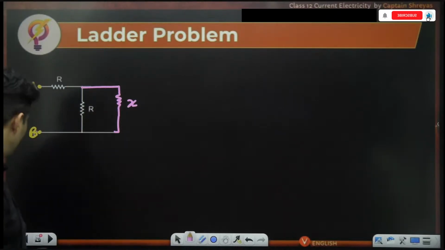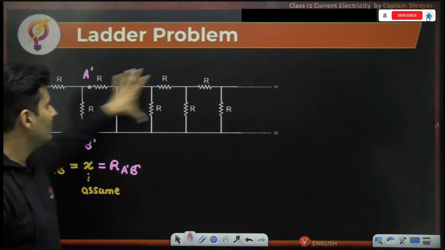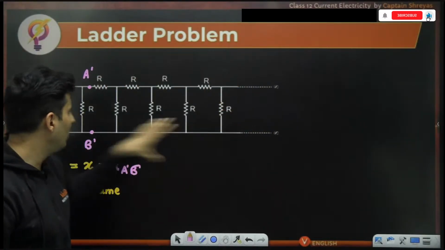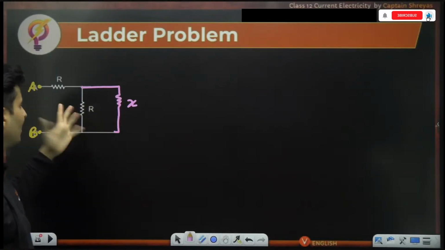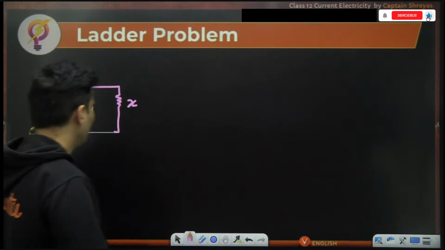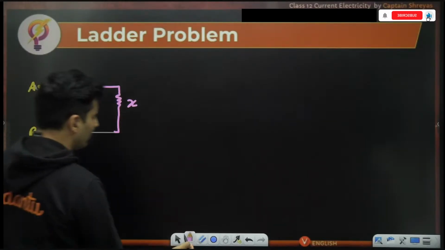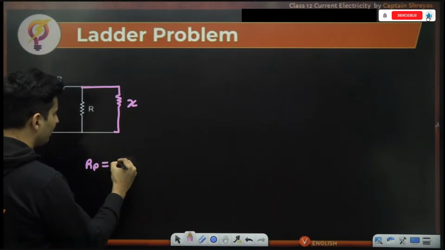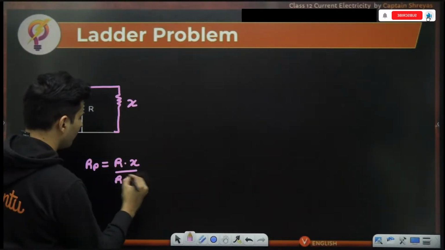I can do that. So instead of these two points having equivalent resistance of X, whatever is there in front, if the equivalent is X, replace all of them with a single resistance of X. That's it. Now all you have to do is a series parallel combination. R and X are in parallel. So RP will be R1 R2 divided by R1 plus R2.